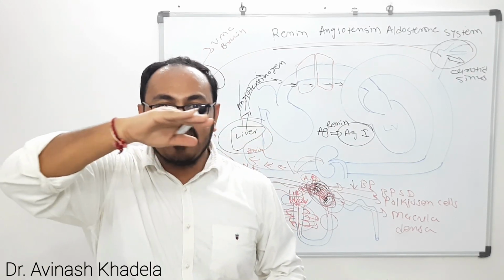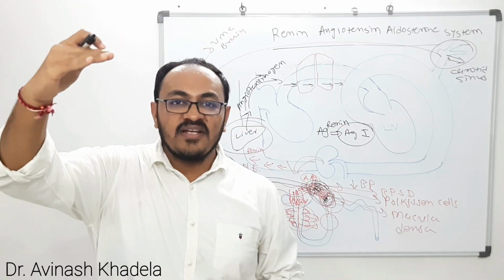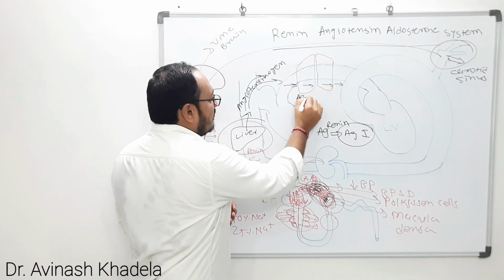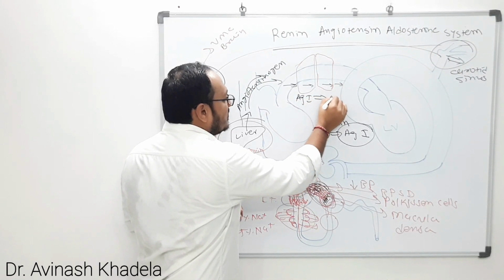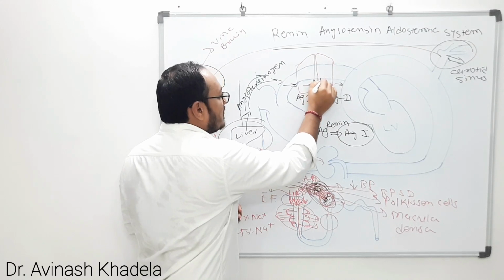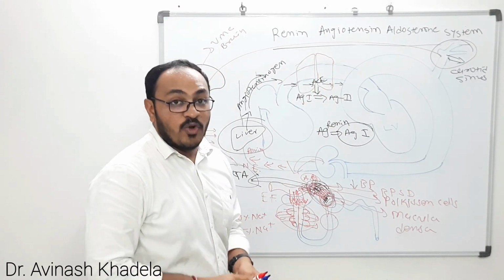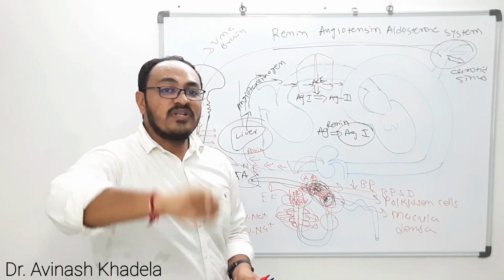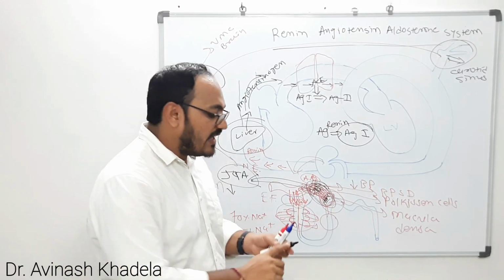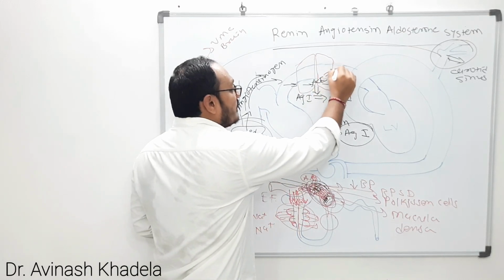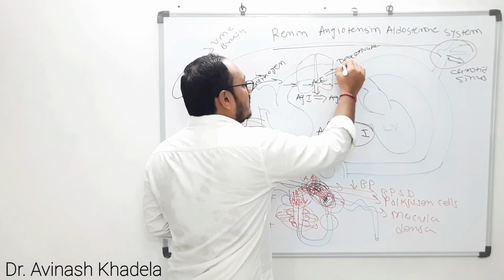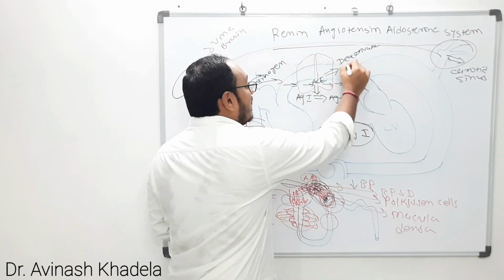So whenever blood passes through these capillaries, angiotensin converting enzyme will convert angiotensin 1 into angiotensin 2. Not only is the conversion from angiotensin 1 to angiotensin 2 done by angiotensin converting enzyme, but along with that, it also deactivates bradykinin.